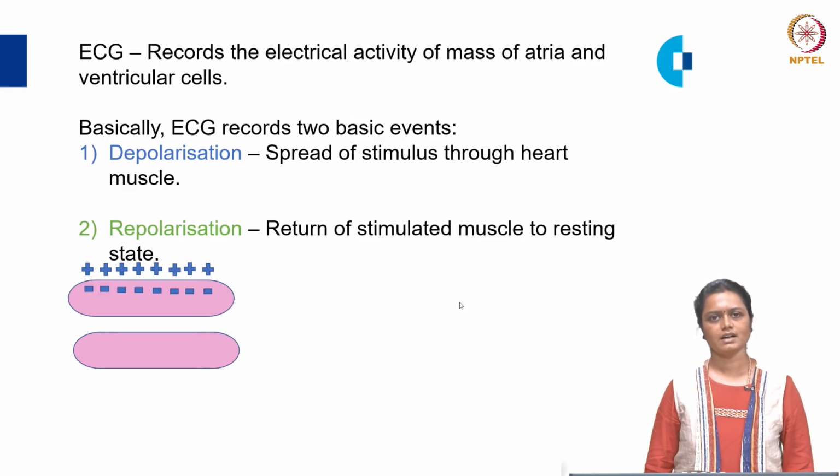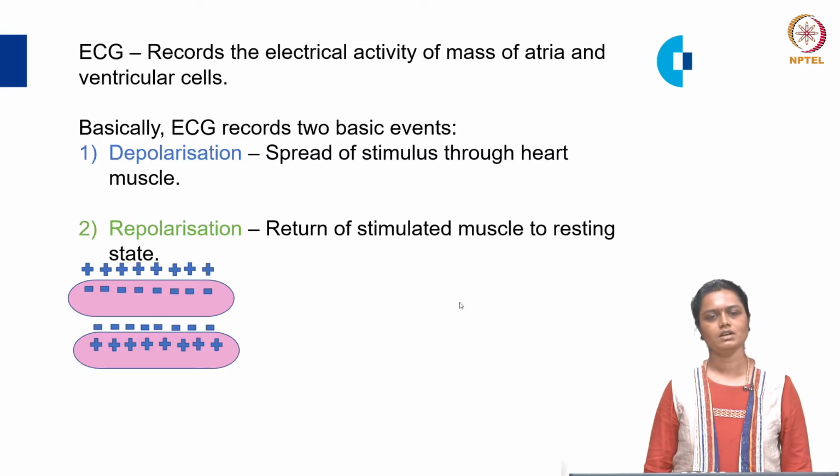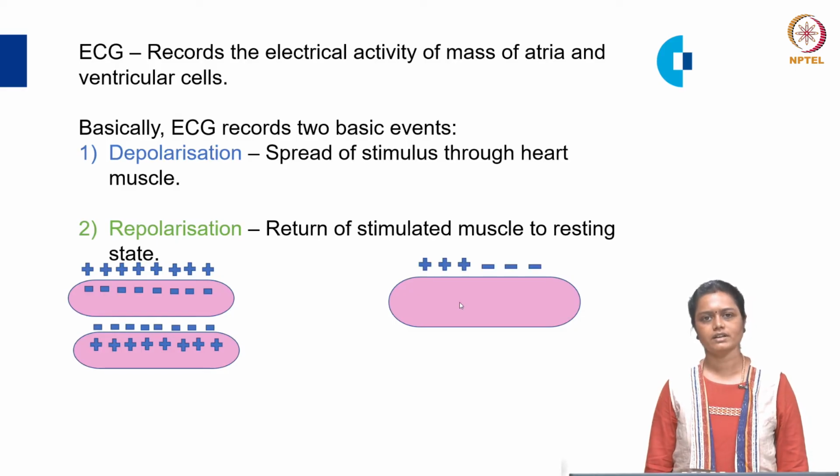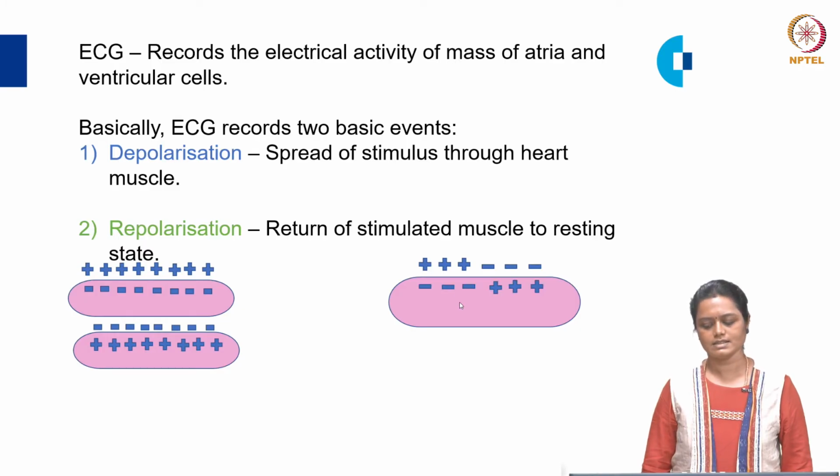Whenever the heart is excited or activated, the outside of the cell becomes negative and the interior of the cell becomes positive, which we call depolarization. And repolarization is the return of the stimulated heart muscle to its resting state.